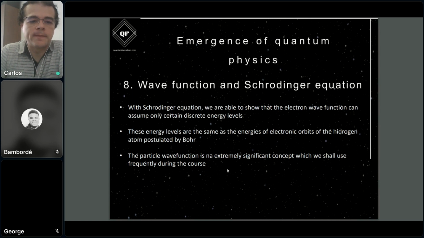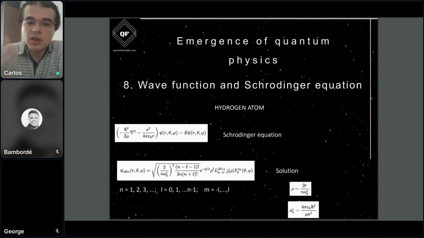But we still need some definitions, specifically some math tools, to understand better. And here's just an example, the simplest one: we consider the hydrogen atom. You have the Schrödinger equation, something like this.